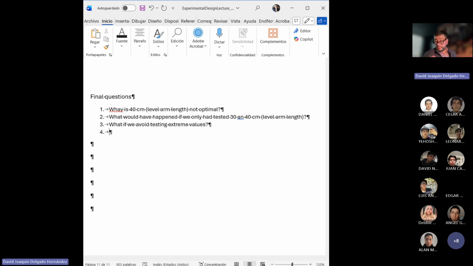Now imagine, instead of having tested 4 different values, 10, 20, 30, and 40, what if I avoid the extreme values and I just test 20 and 30? So I ignore 10, which is an extreme, and I ignore 40, that is the other extreme. What would have happened?